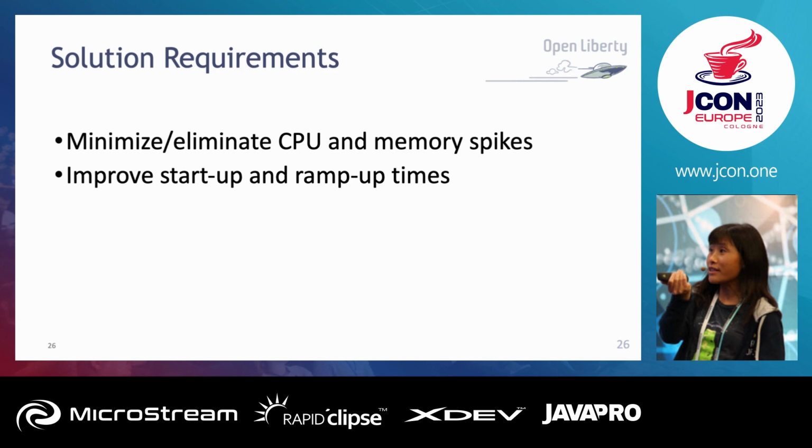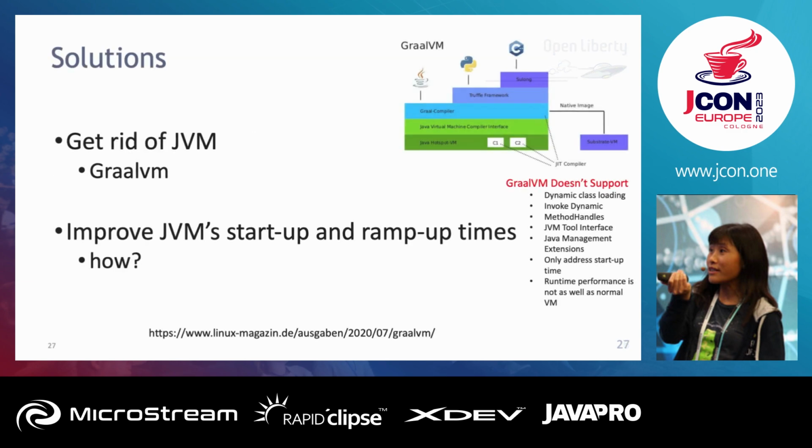So are there any solutions for it? The solution is GraalVM. Let me give you an example. If you have kids who do not do well in school and cannot remember what the teacher said, you have at least two solutions.